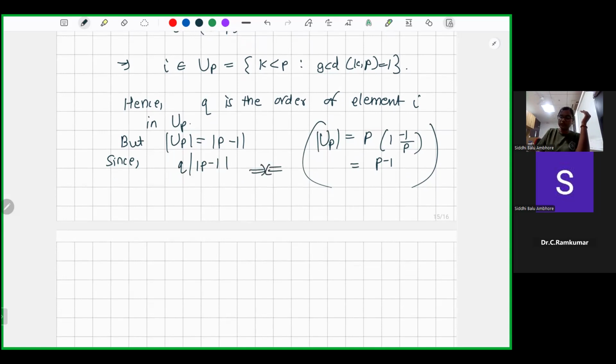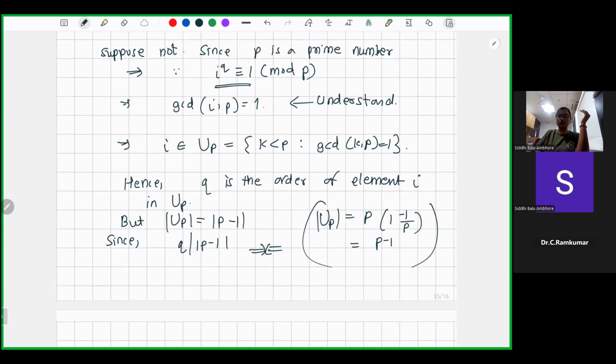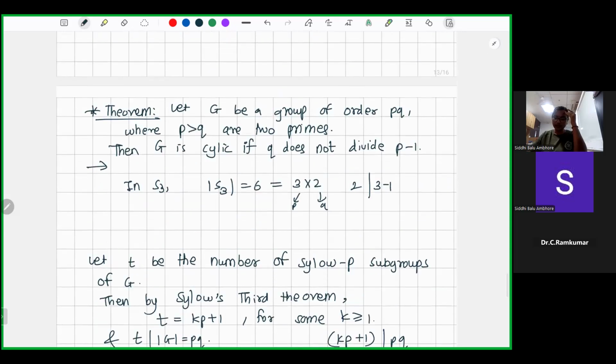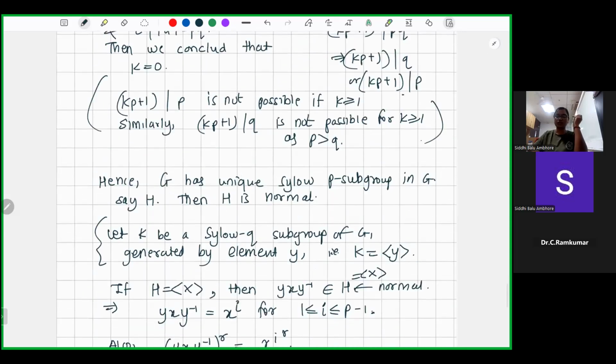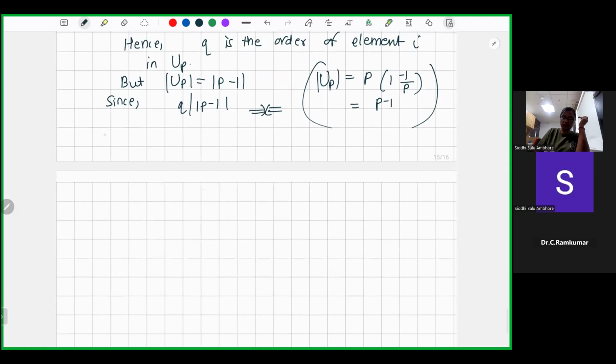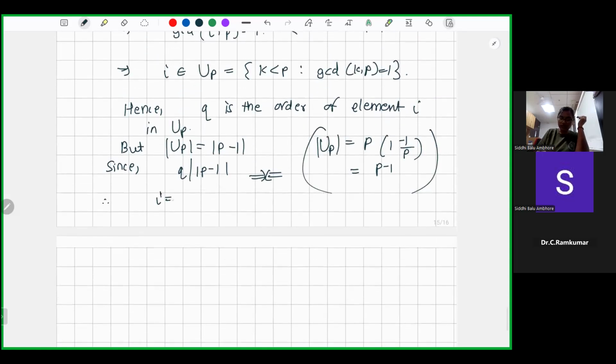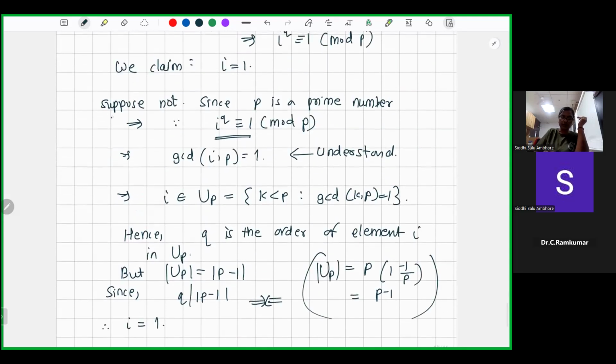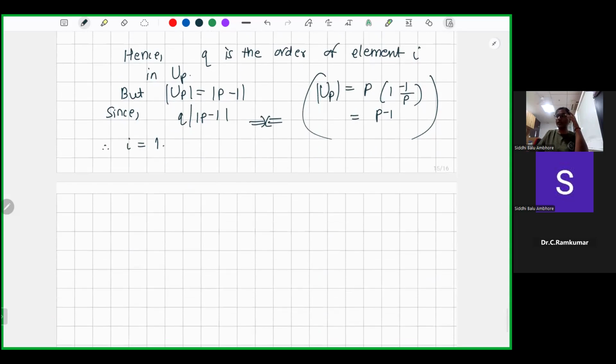But this is a contradiction because we have already assumed that q does not divide p minus 1. Therefore i is equal to 1.